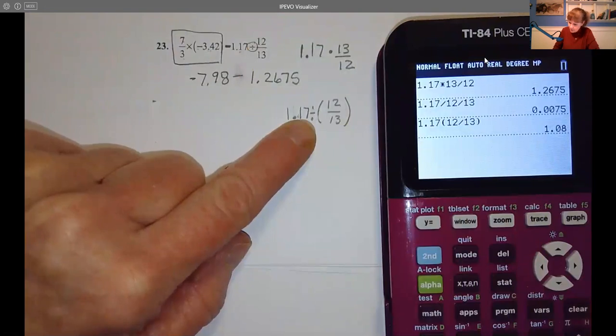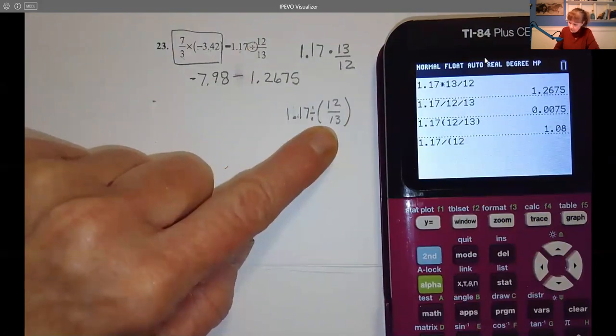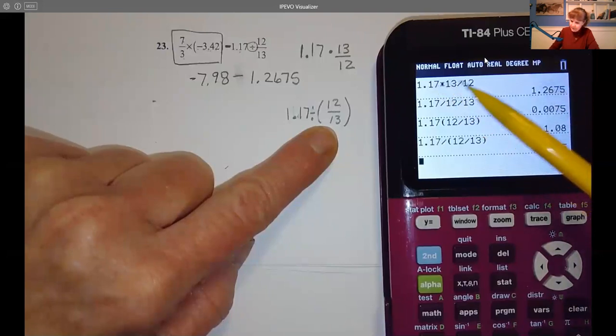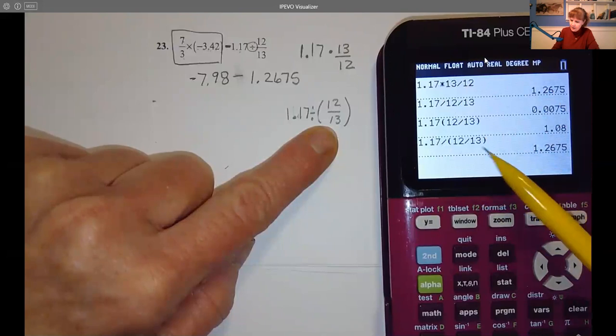So here it's 1.17 divided by 12 divided by 13, with that in parentheses. So you do end up with the same thing as if you do a copy dot flip here, or 1.17 divided by the quantity 12 divided by 13.